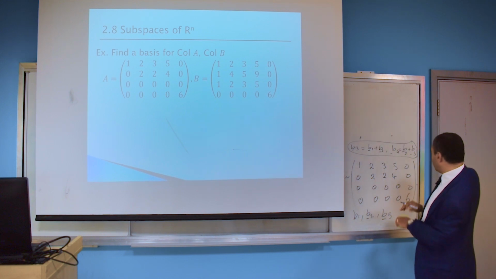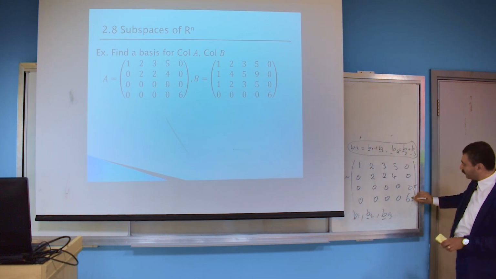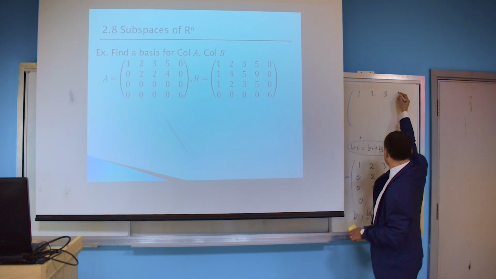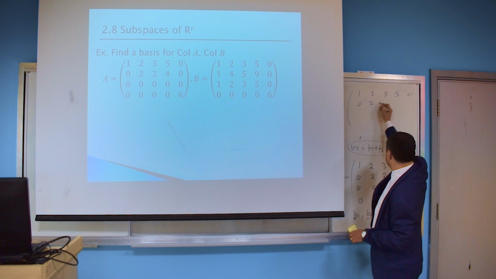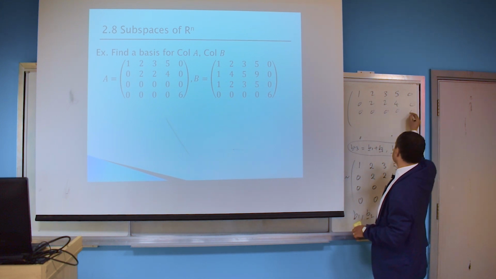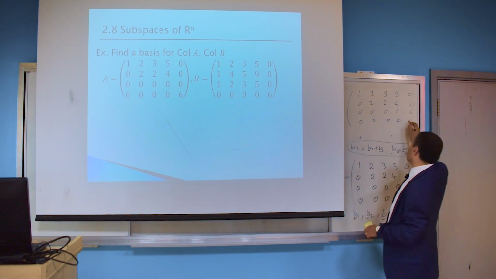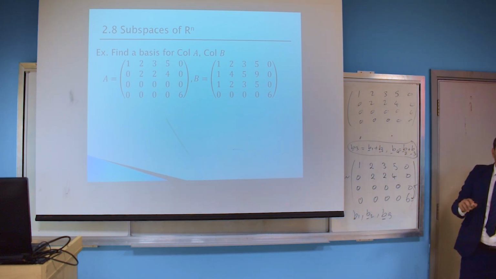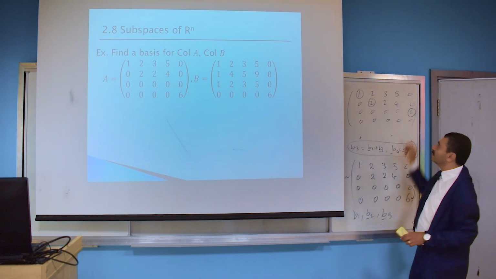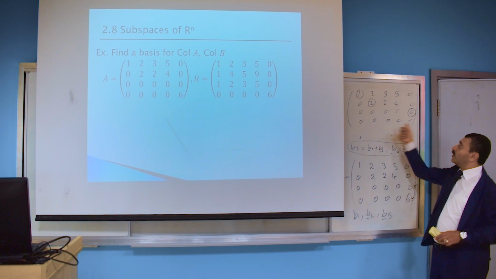You have here one step for the reduction, you have to interchange these guys. So we'll get 1, 2, 3, 5, 0, 0, 2, 2, 4, 0. Get something like this. This is the end of your reduction. And then you will find the columns that correspond to your pivots, which is 1, 2, and 5.